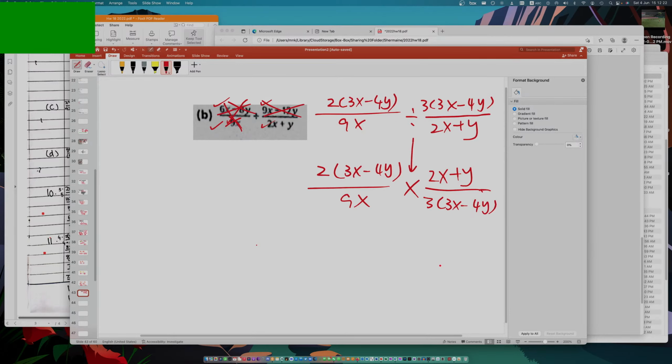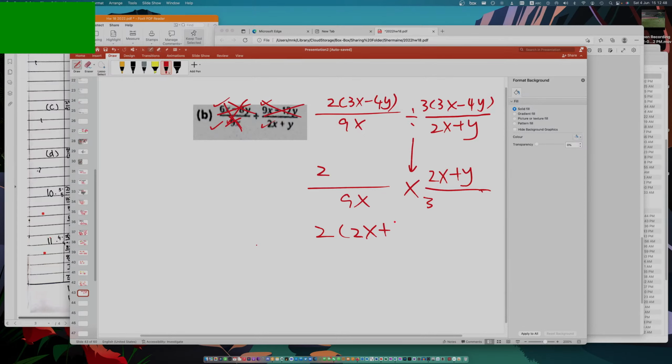Okay? Anything common for you to cancel? 3x minus 4y, right? Can cancel, right? So what you end up with?